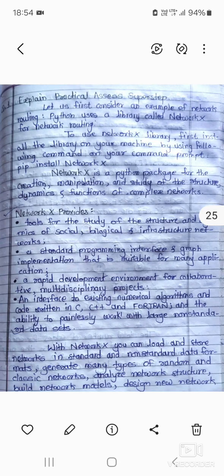Python uses a library called NetworkX for network routing. To use the NetworkX library, first install the library on your machine.